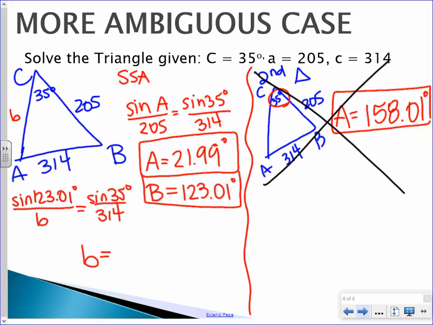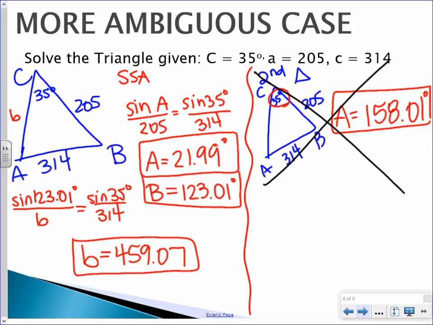When you do that cross multiplying, what do you get? Yeah, 459.07.